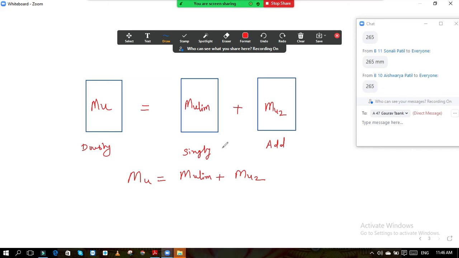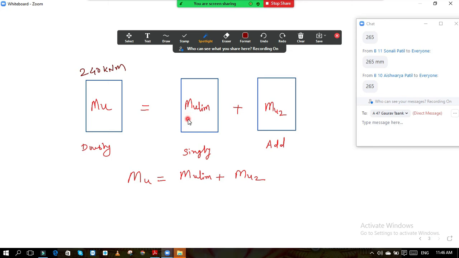This introduction we have already seen. Now see Mu. I know the value of this Mu. The value of this Mu is 240 kilonewton meter. Now suppose this value is 240.